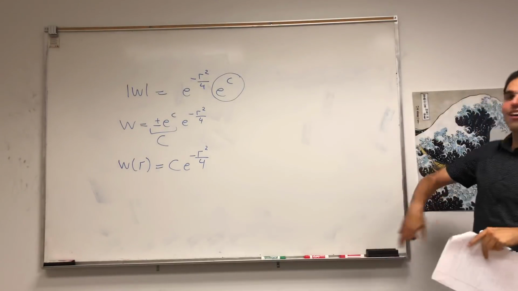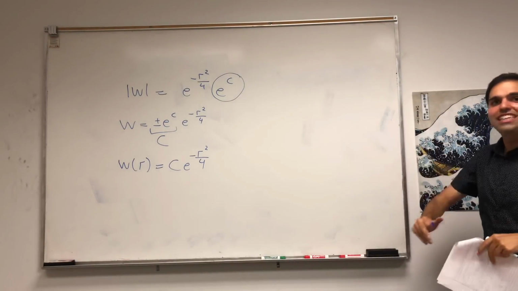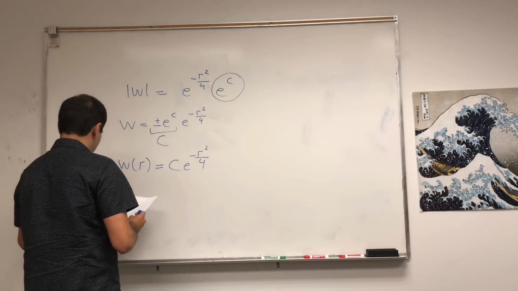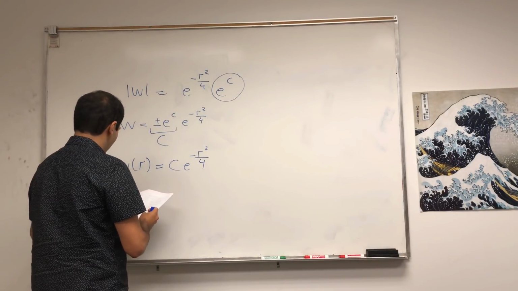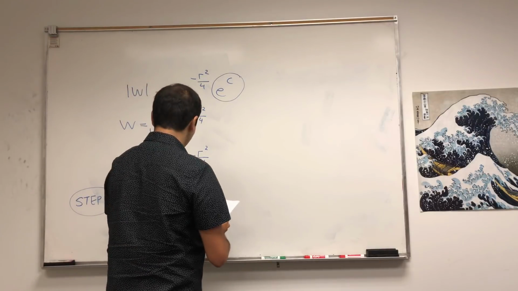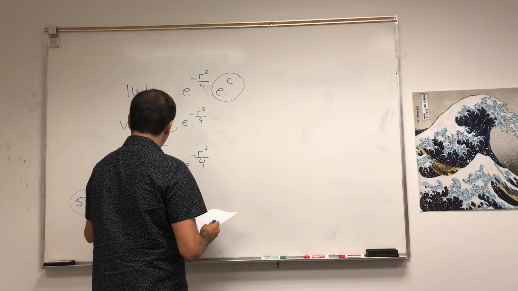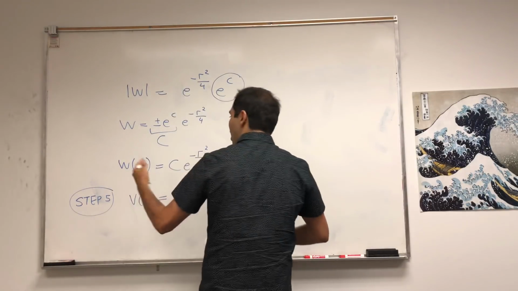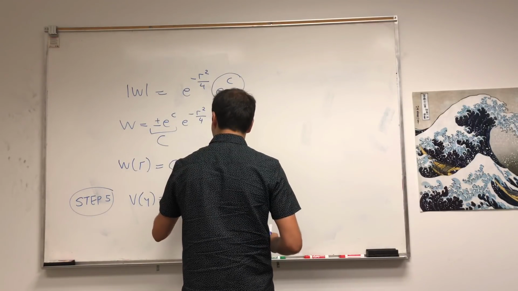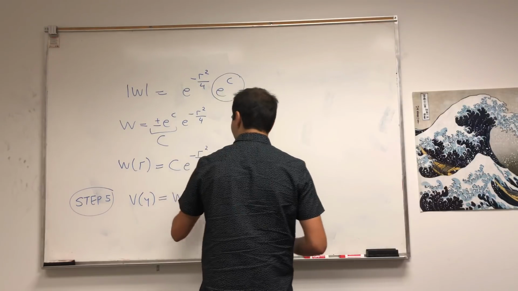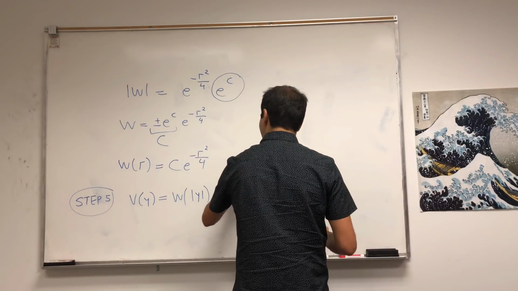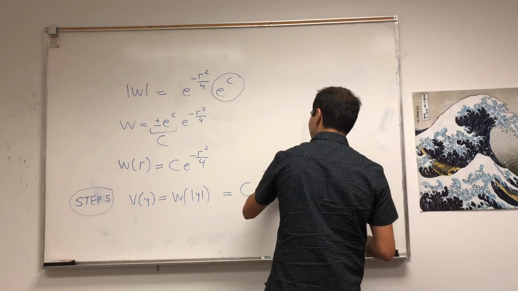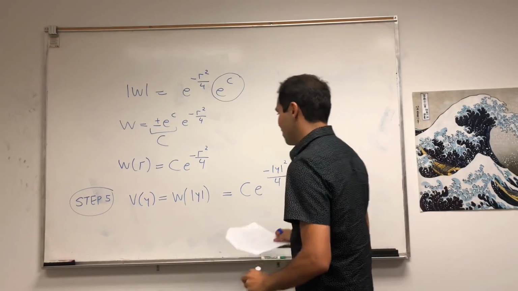And now we have to go back to v and then to u. So that's step 5. Our conclusion, so w was this. Then remember what v was? V was just the non-radial part, if you want, of w. So w of absolute value of y becomes here c e to the minus absolute value of y squared over 4.